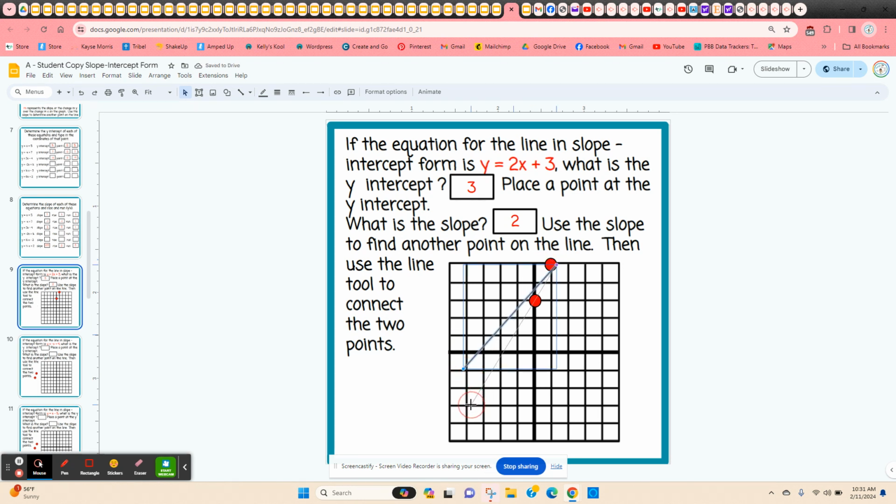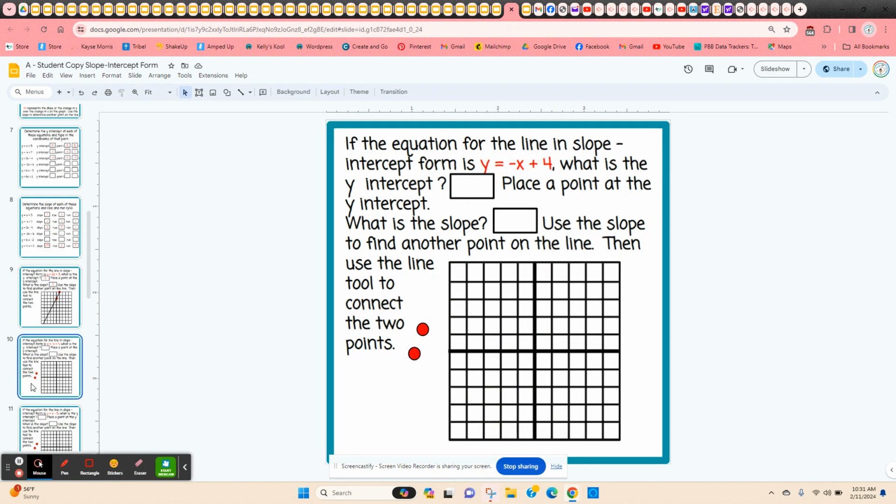And we want to make this line go through both points. You may have to play around with it a little bit to get it exactly right on. They can play with these lines. They can make them a different color, and they can change their thickness. So here they have the line y equals 2x plus 3.